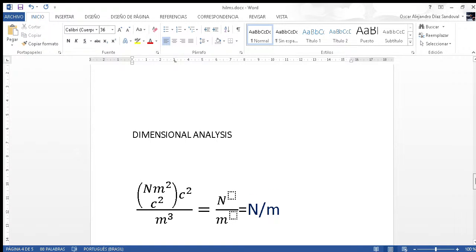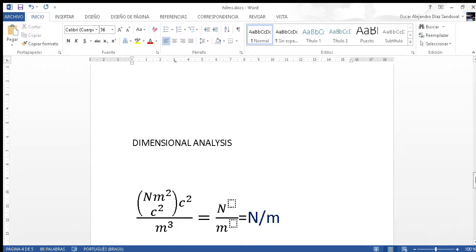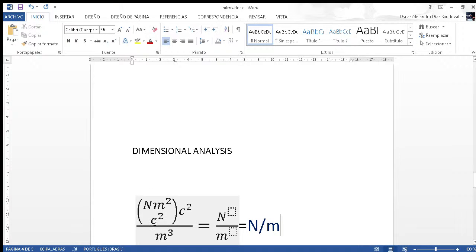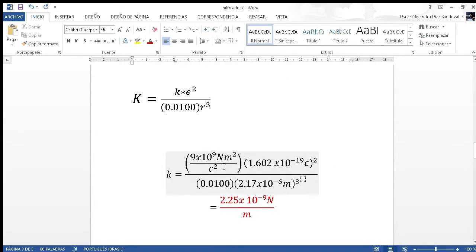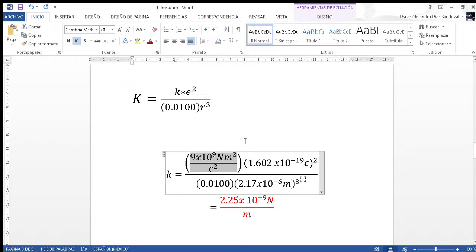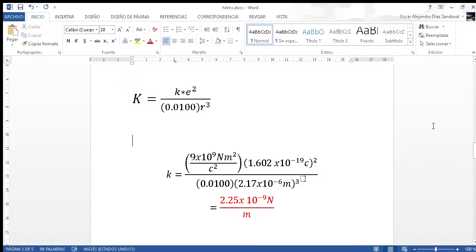We have newton that multiplies meter squared between coulomb squared that multiplies coulomb squared between meter elevated to 3, like you can see here. Newton meter squared between coulomb squared is the units of the K of the Coulomb constant.